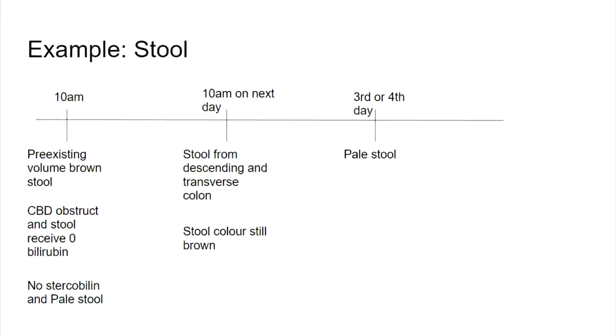So the color of the stool on the second day will remain brown. But when we pass motion on the third or fourth day, the color of the stool will change and become more pale. In conclusion, the pale stool will lag behind the dark urine by a minimum of 24 hours or longer.